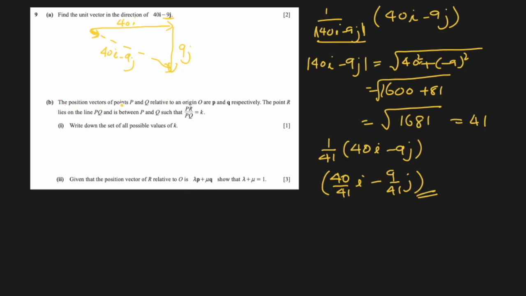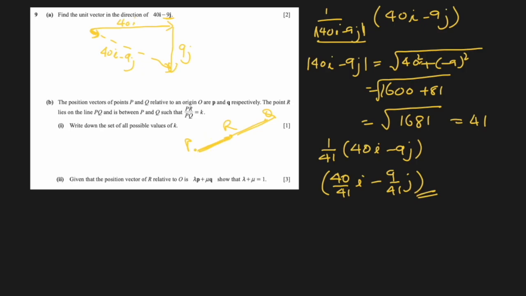The position vectors of points P and Q relative to the origin are p and q. The point R lies on the line PQ. Let's try to visualize this also. So this is P, this is Q, and the point is somewhere here, R. So PR over PQ is k.